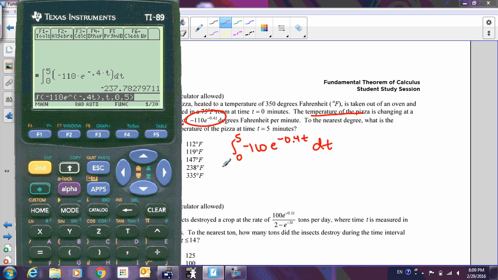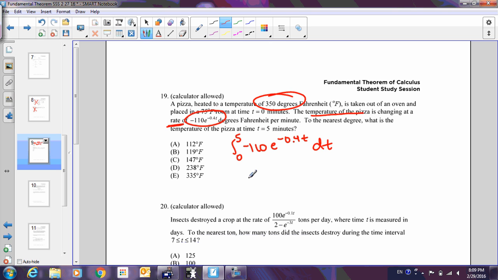And so if you notice, there is an answer choice that says 238. But think about what we found. From 0 to 5, the pizza has cooled 238 degrees. But it was 350 to start with. So this is kind of like our initial condition. You've either got to think it out logically at the end, or you've got to add this to 350.